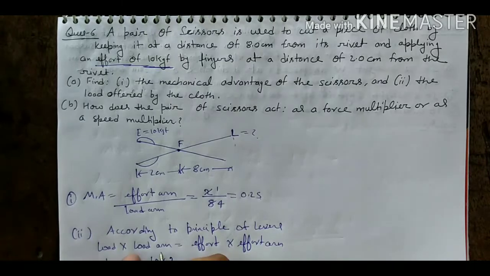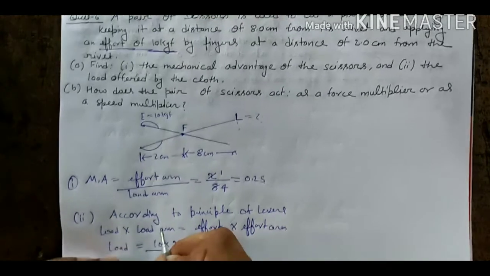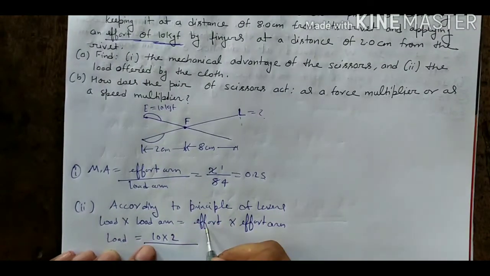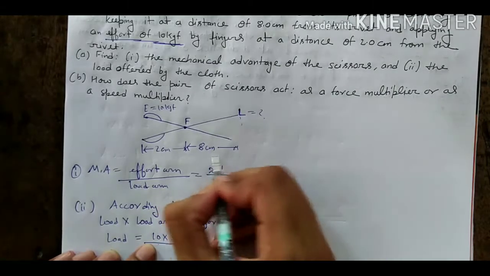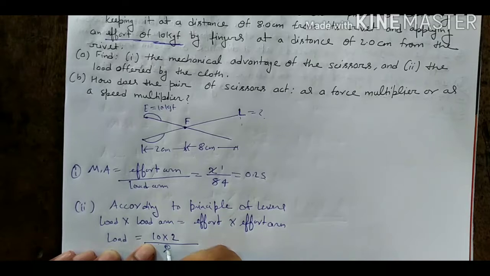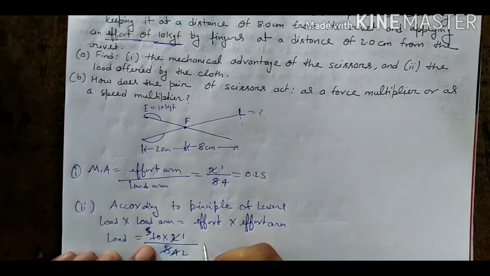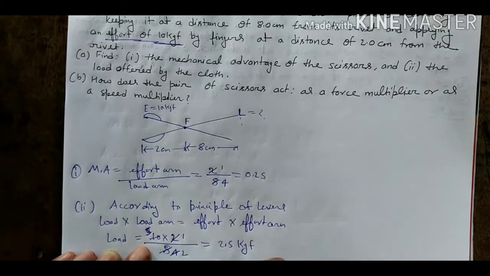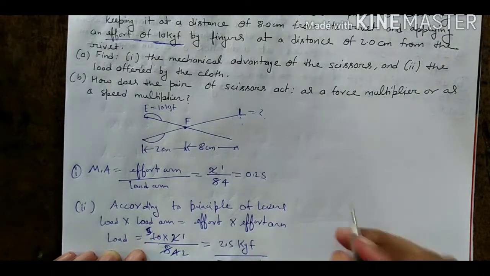Load will equal effort into effort arm upon load arm, which is 10 kgf times 2 cm upon the load arm of 8. So 10 into 2 is 20, upon 8, which gives 5 by 2, meaning 2.5 kgf. This will be the value of load.